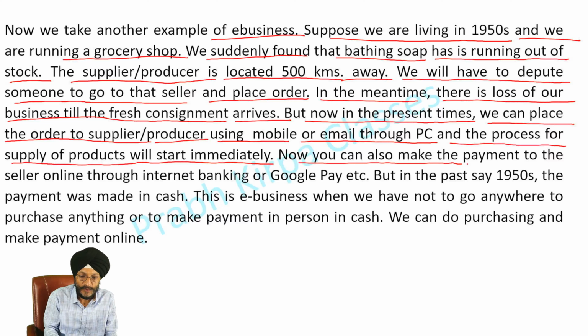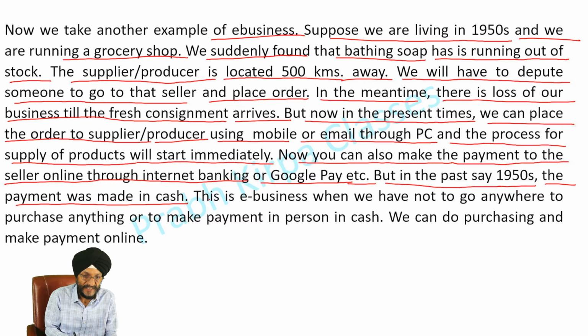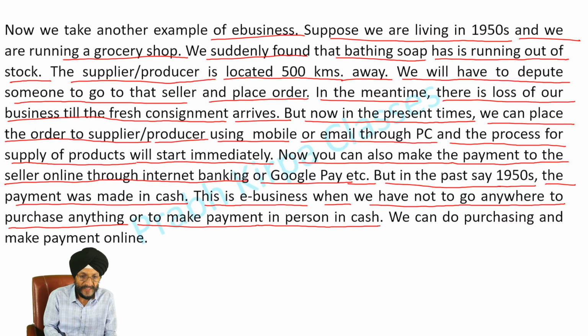Now you can also make the payment to the seller online through internet banking or Google Pay, etc. But in the past, say 1950s, the payment was made in cash. This is e-business when we have not to go anywhere to purchase anything or to make payment in person in cash. We can do purchasing and make payment online.